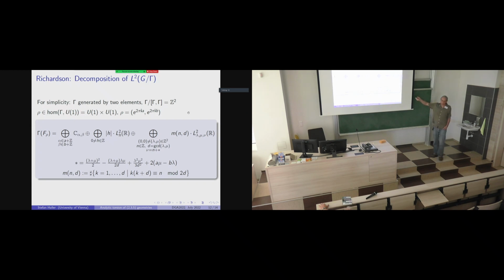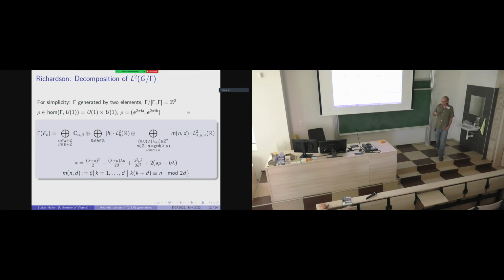Then you have some of these Schrödinger representations appearing, but only for integral h, with multiplicity though. And then you have some of the other representations appearing, of course. The numbers lambda and mu have to be integral. Nu has to be integral up to a shift again. And they will appear with multiplicities.